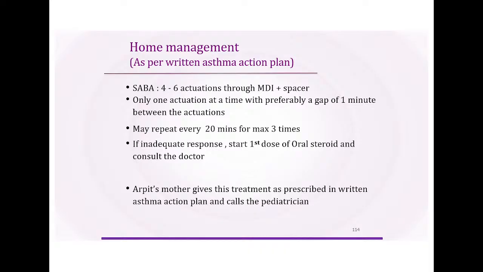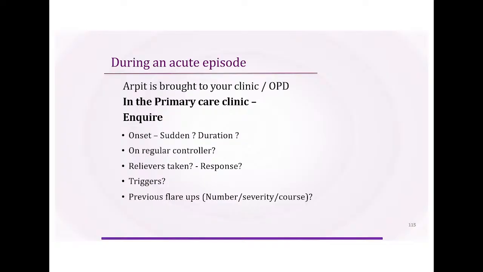So mother has given the treatment as prescribed in the asthma action plan and has come back to the pediatrician. In the primary care clinic, we have to inquire about the onset of breathlessness, whether Arpit is on a regular controller or not, whether relievers were taken, what the response was, and what the trigger was, like the Diwali cleaning. Basically dust mite was the most common factor that triggered his inflammation or bronchoconstriction.